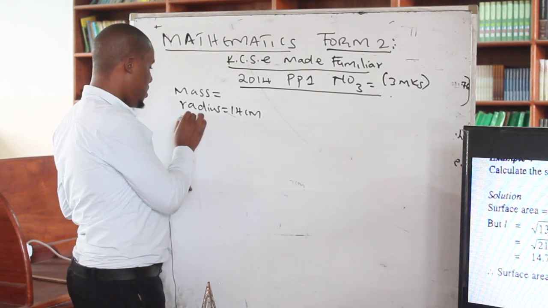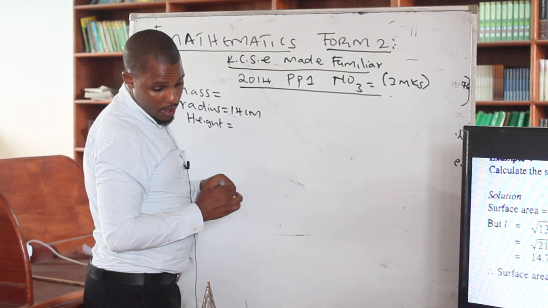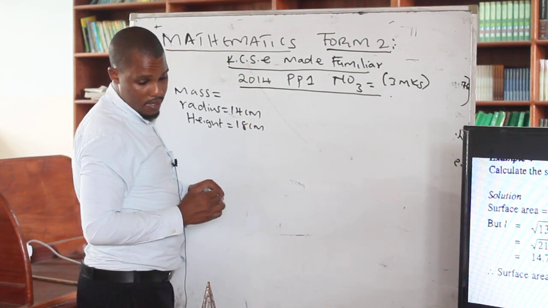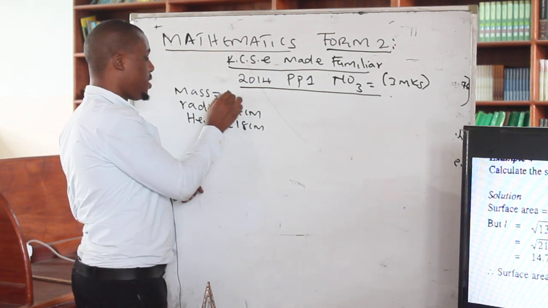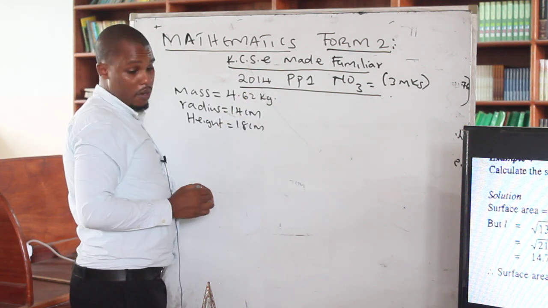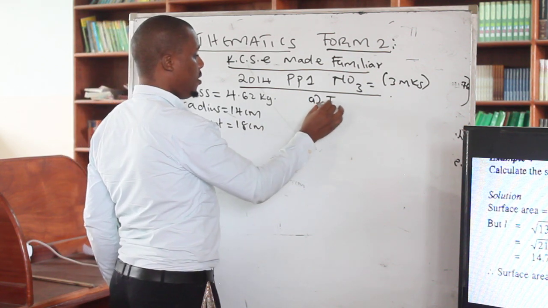The height is 18 centimeters, and the mass is 4.62 kilograms. Then you are told to find the density.